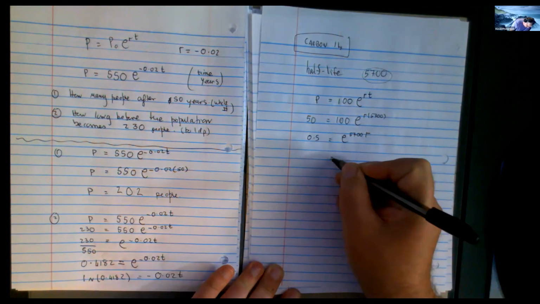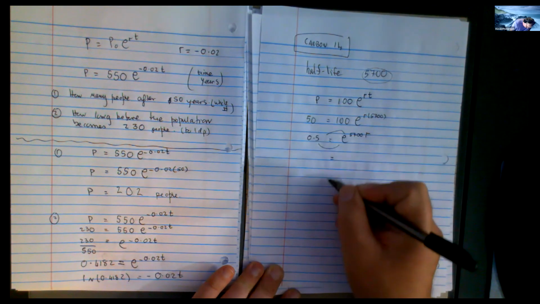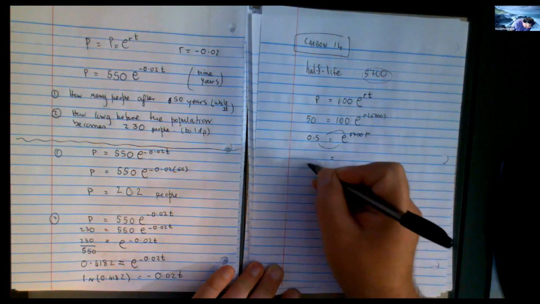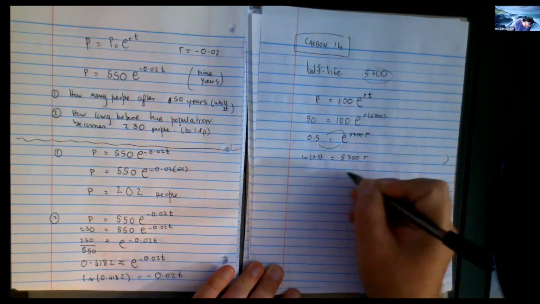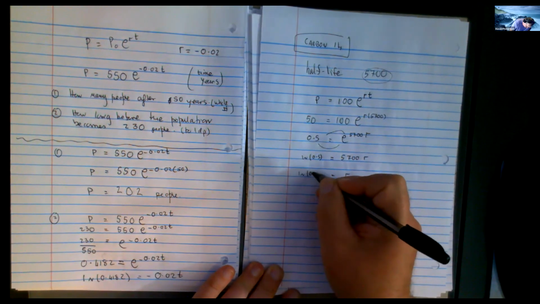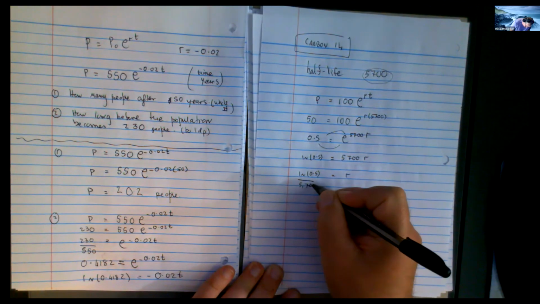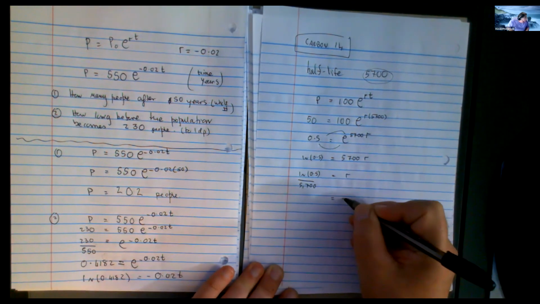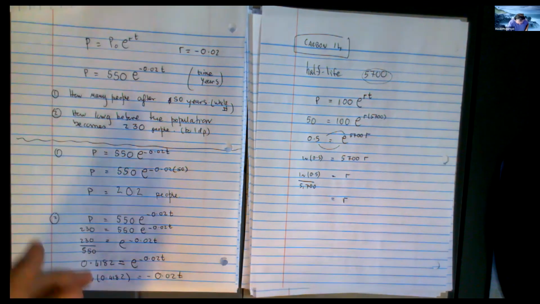I will then do the circle of life. I will then divide both sides by 5,700.